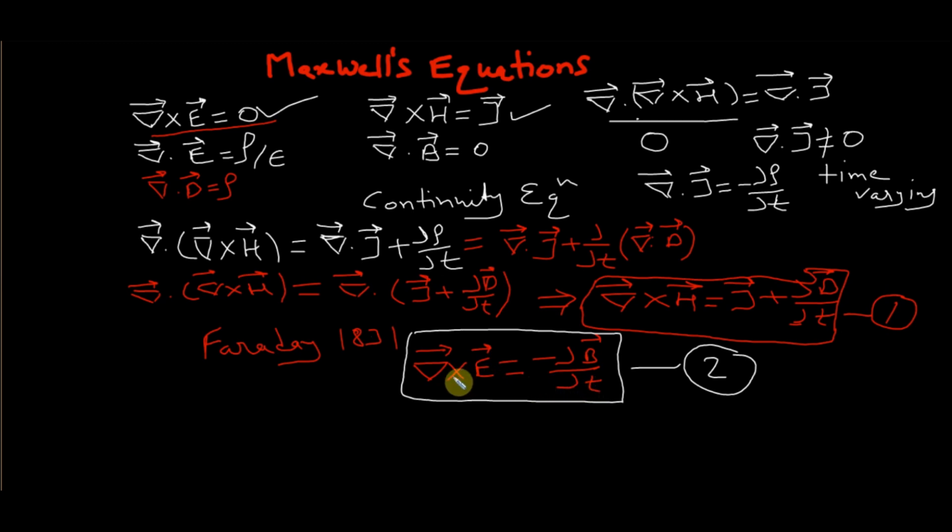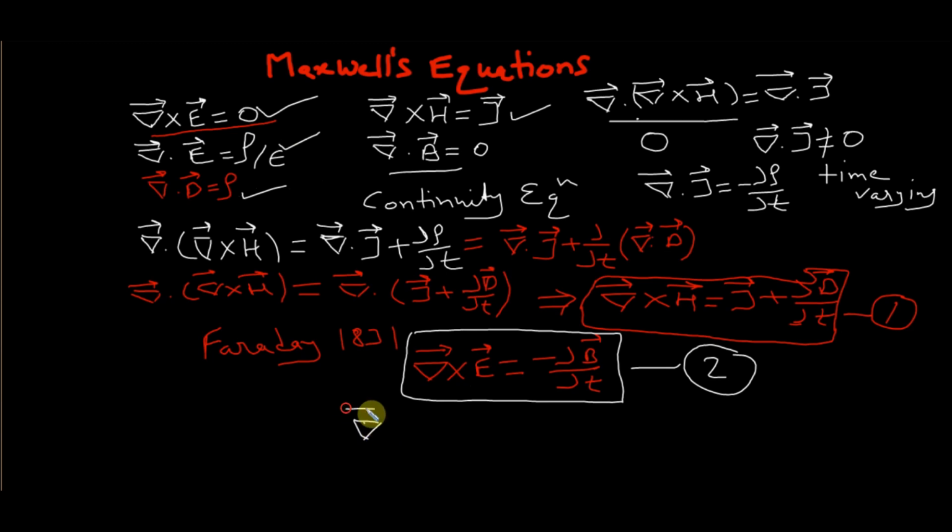So we can say that the curl of the electric field is not zero, or the electric field is rotational for the time varying case. Okay, and these two equations will remain the same.